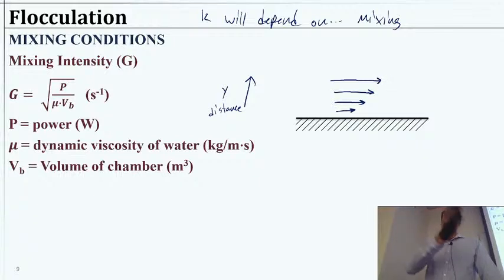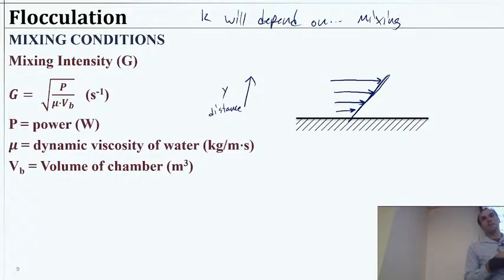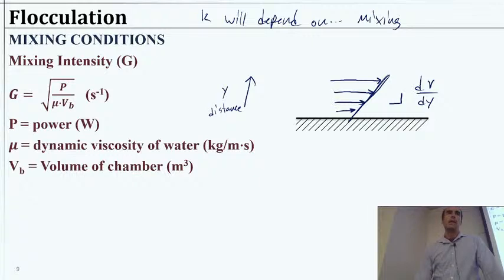At least for some transition zone, you will have a gradient where, because of the forces of drag, the differential between water at that surface and water further out will be changing. And so you'll end up with some gradient here that's dV/dy. And that slope is our mixing intensity.